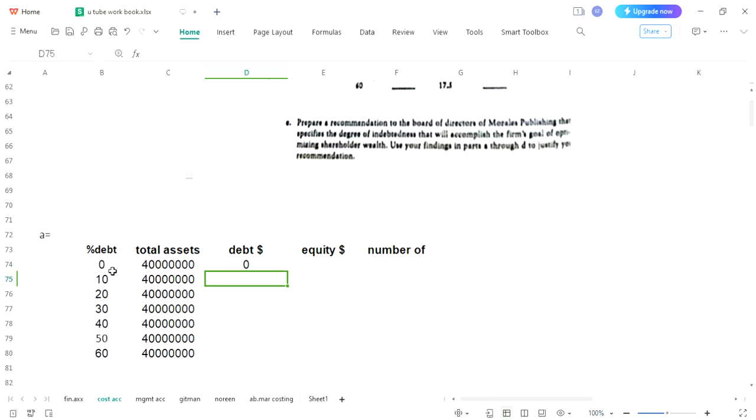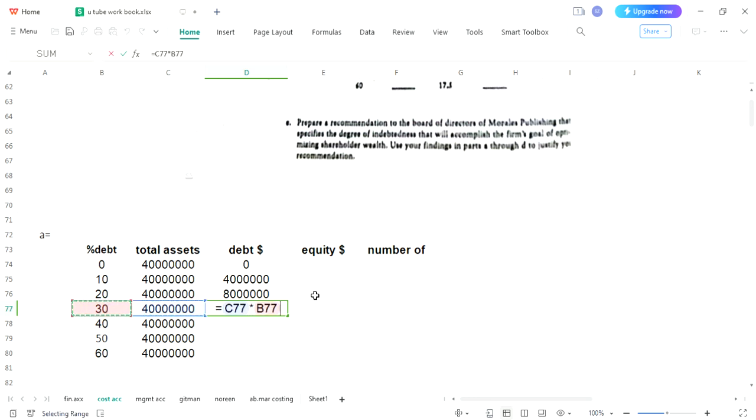In the same way you will calculate your second debt: amount of capital structure multiplied by 10 and divided by 100. We have got our debt amount as 4 million. And then similarly you will calculate the amount of debt at 20%. So we have got 8 million. For the third part, 40 million was the total capital structure. We need to make 30%.